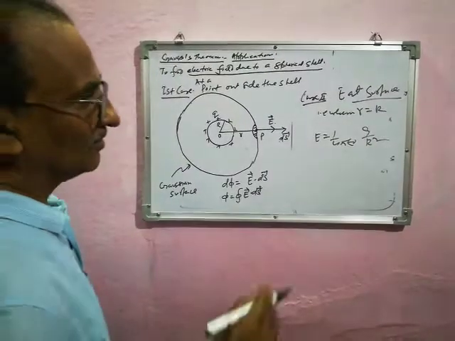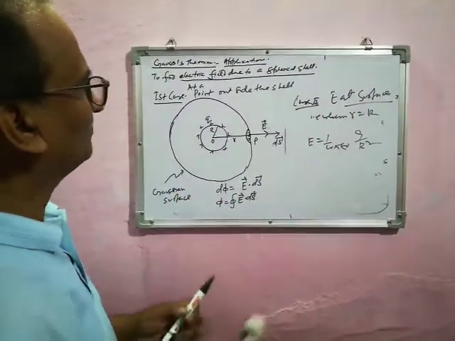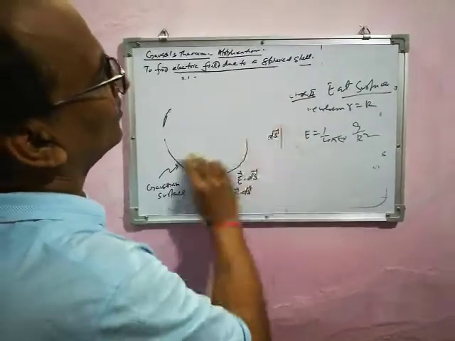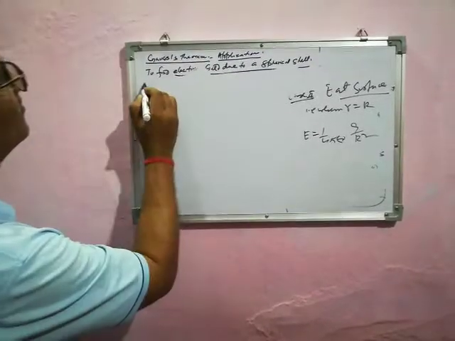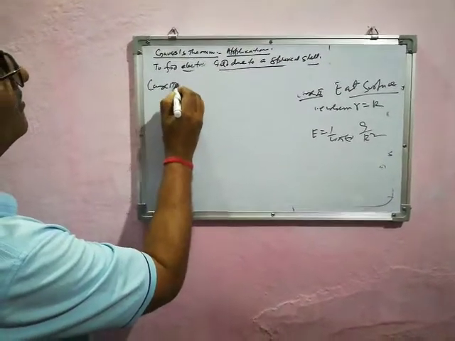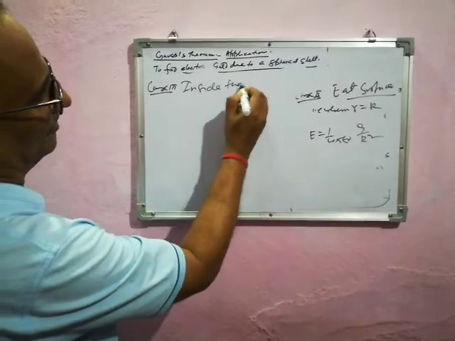Now let us find the value of E inside the spherical shell. So case 3, inside the shell.